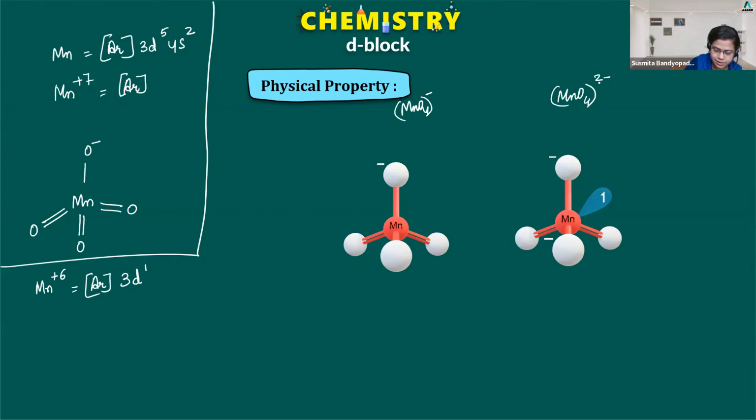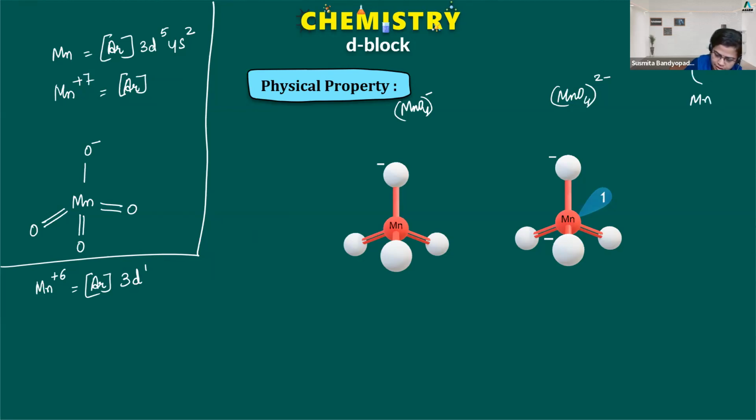MnO4 2 minus means 2 of the oxygens are O minus, O minus, and the rest are double bonded O, double bonded O. Fine. I'll draw how it looks.